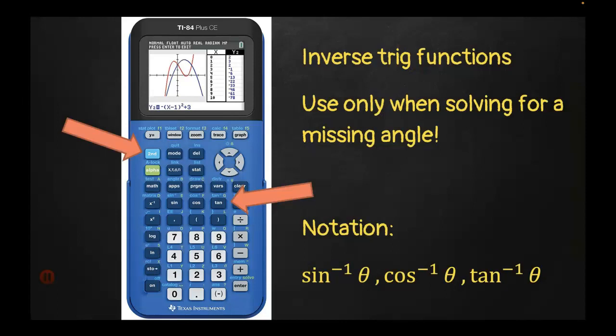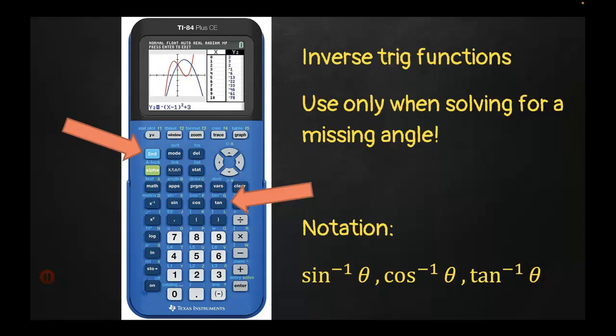Now, in the next two problems, we are going to find missing angles. When you're solving for a missing angle, we use the inverse of the appropriate trig function. You're only using the inverse trig functions when you are trying to solve for a missing angle. You will see notations with that little -1: sine inverse, cosine inverse, or tan inverse of your angle theta.